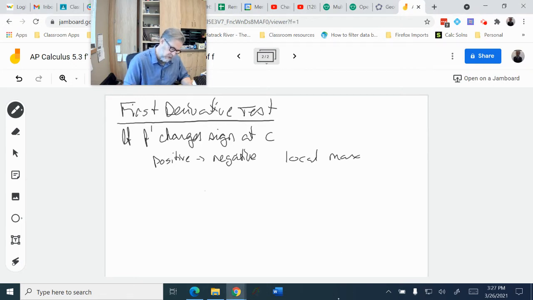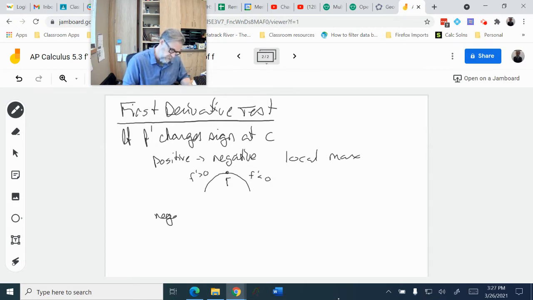We can see that on the graph. We've got positive slope, we've got negative slope. Right there where it switches, it went from going up to going down, there's a local maximum.